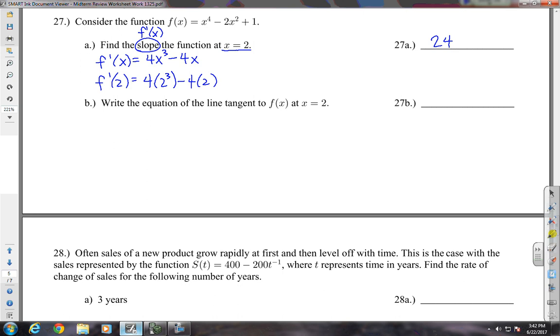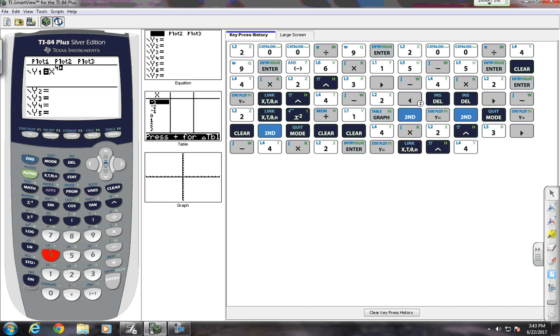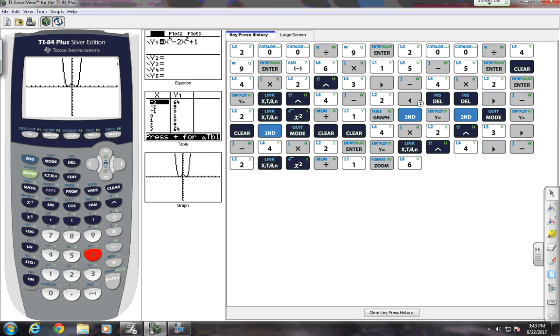Did you know that your calculator can determine slope? Let me give you a couple of tips on how to check this with your calculator. If you go to y equals on your graphing calculator and type in the original function, x to the fourth minus 2x squared plus 1, and then graph it in the standard viewing window, you'll see kind of a W shape.